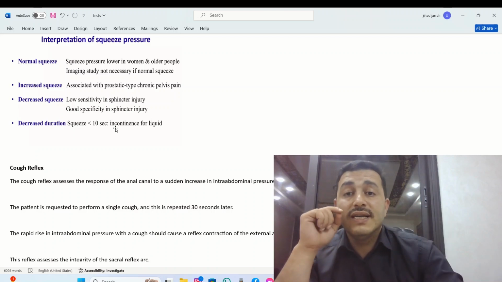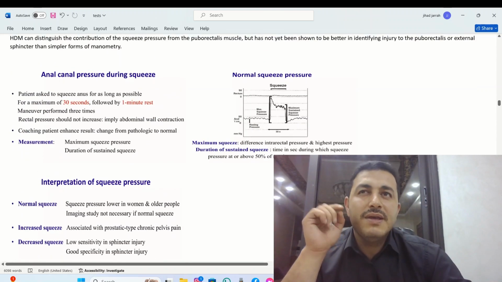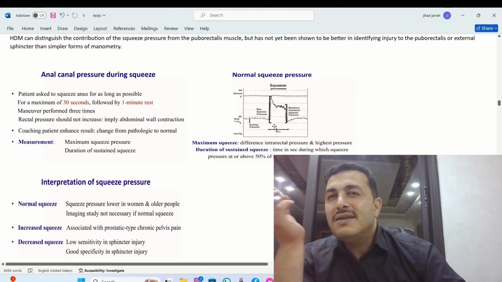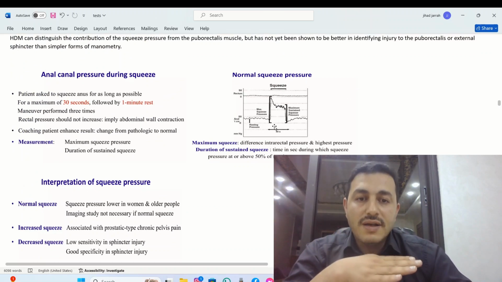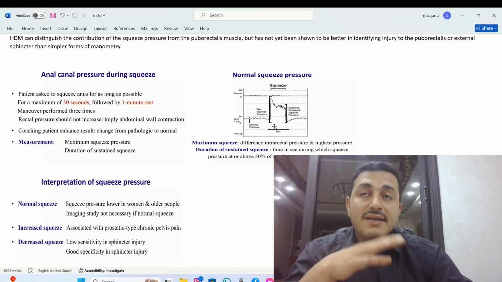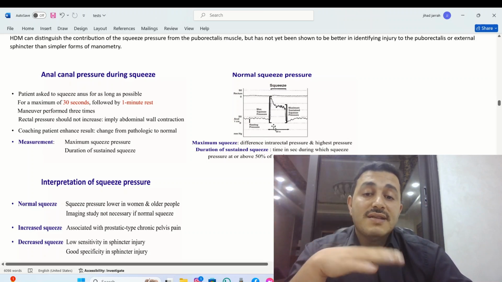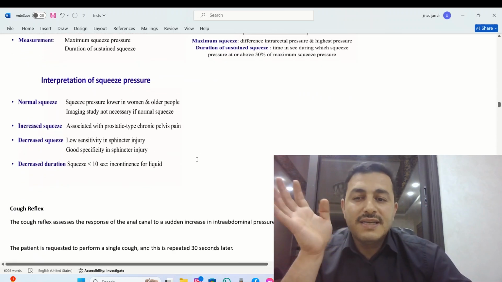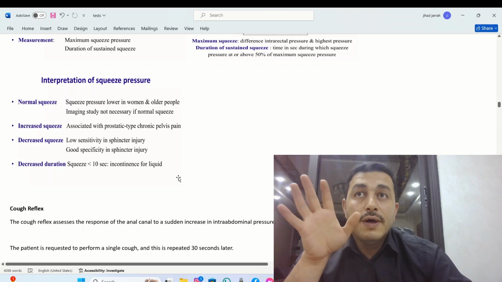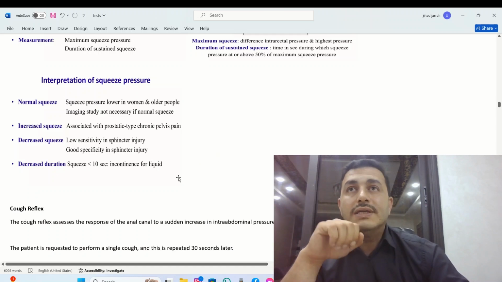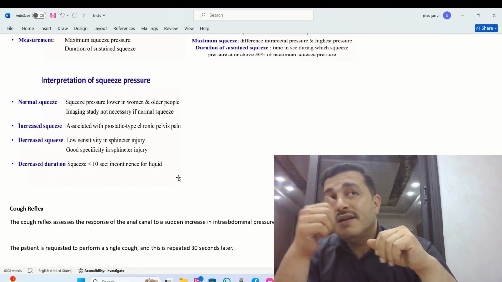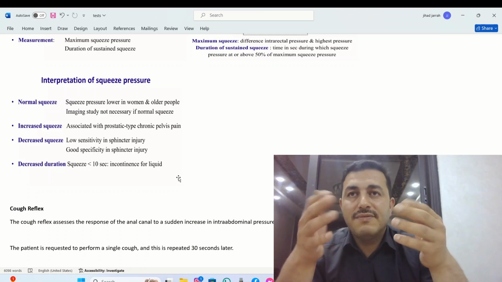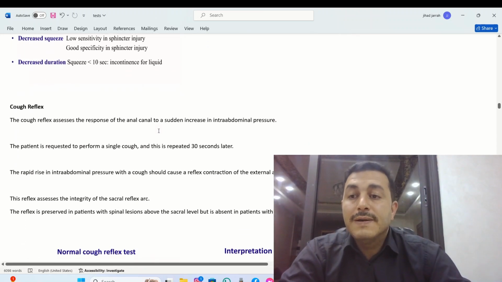If we have decreased sustained pressure, that means the external anal sphincter of the patient tires too fast. Fatigability of the external anal sphincter is high. If it is less than 10 seconds, this may lead to incontinence to liquid stool. We said in the internal anal sphincter, passive fecal incontinence.